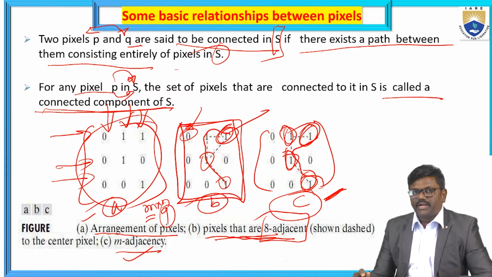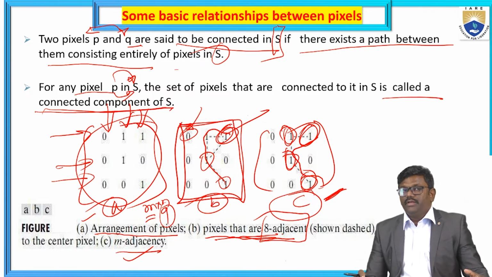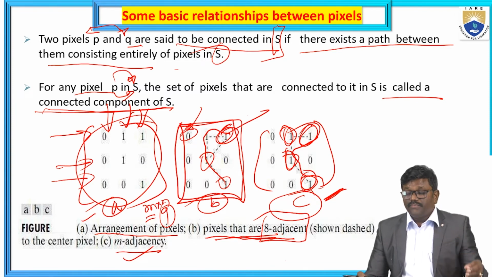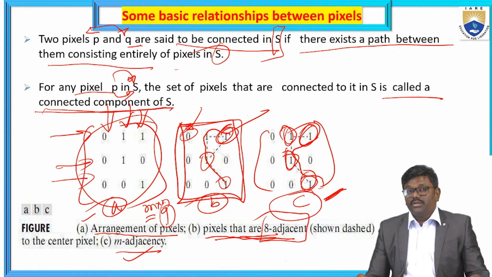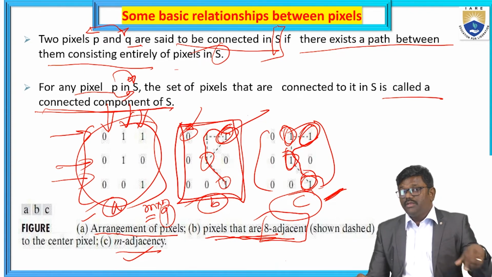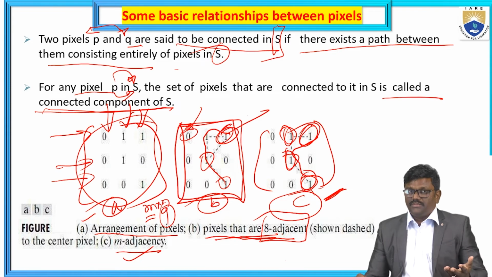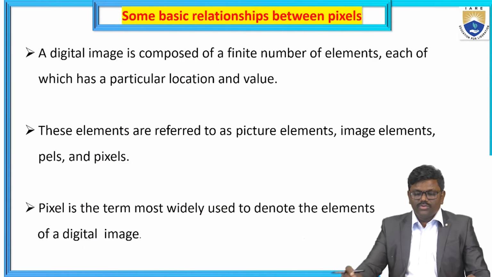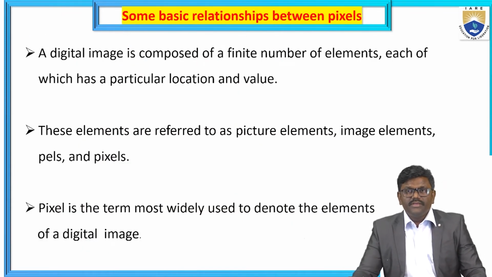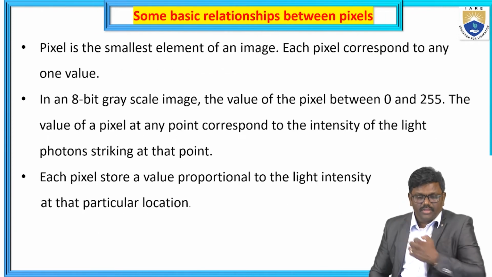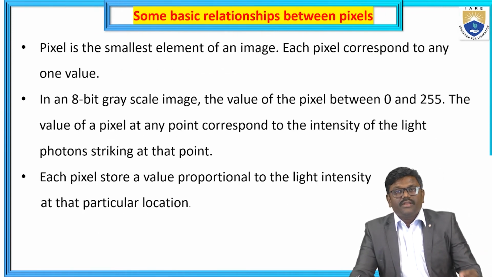This is what we want to understand: the difference between a pure neighbor relationship of pixels and the diagonals of the neighbor pixels, from the adjacency point of view. We'll go to how this image is understood. A pixel is the smallest element of an image, and each pixel has one value.